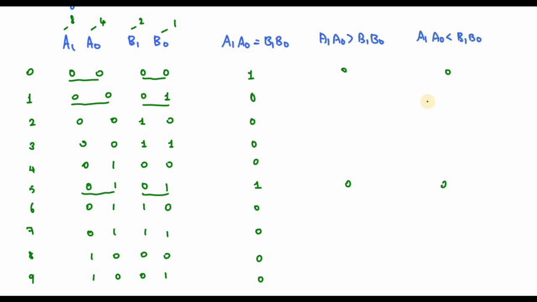So B1 B0 is greater than A1 A0. So I am giving this as 1. Similarly, since these two values are 0 0, this will be 1 1. Okay.